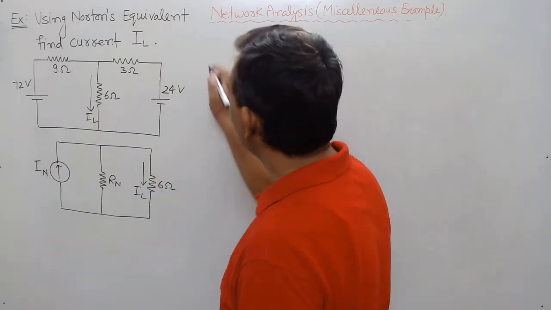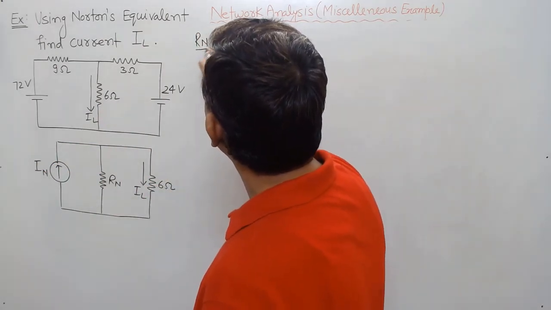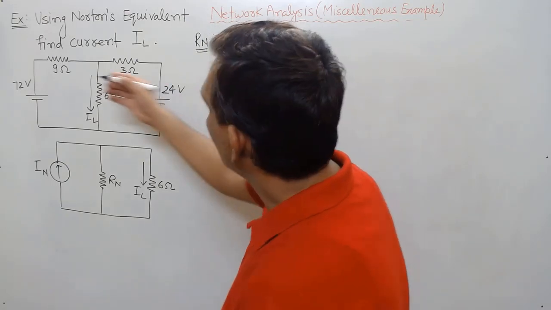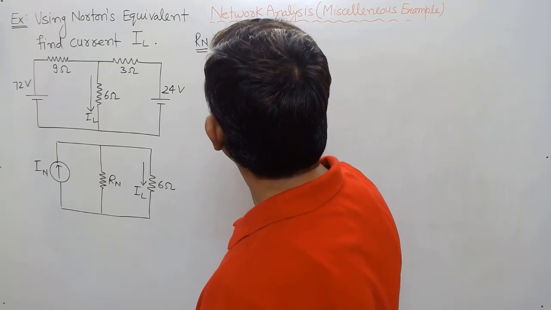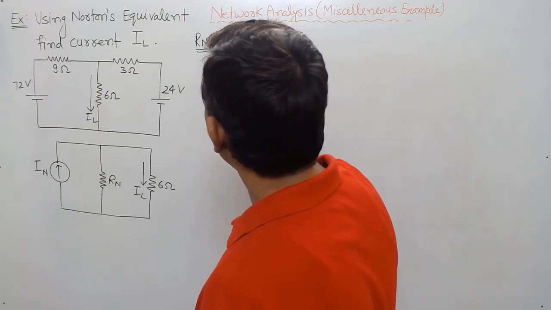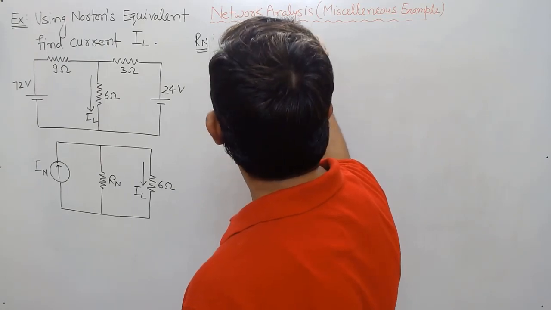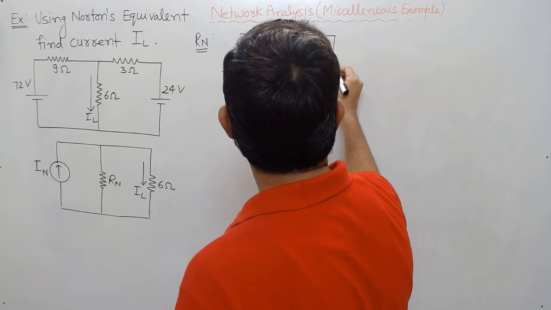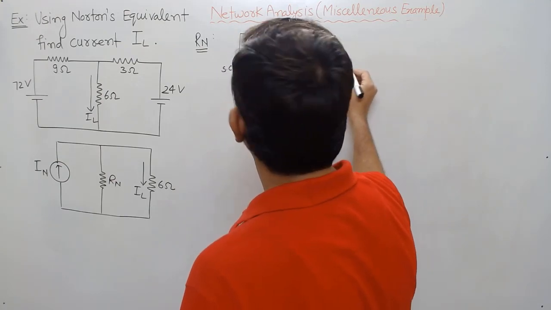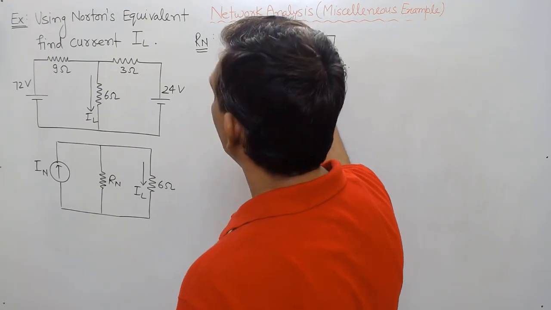So let us first see what will be RN. So for RN, you have to short the voltage source. So these two sources are short circuited. This is 9 ohm, this is 3 ohm, and these two are short circuited. This is 9 ohm, 3 ohm.